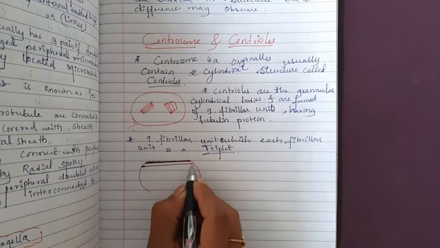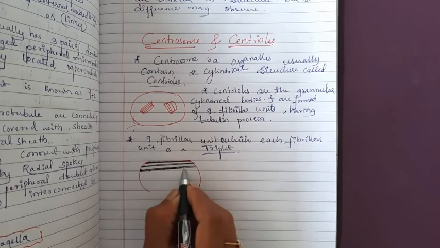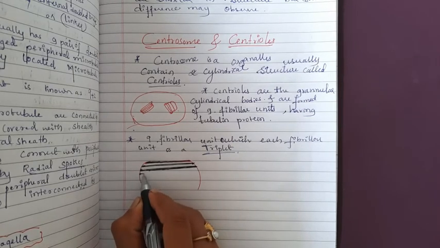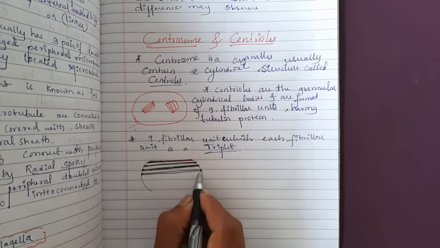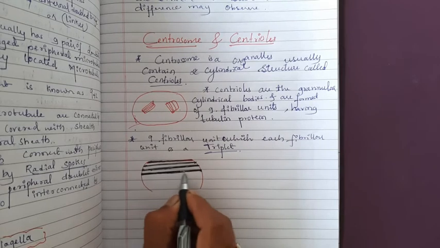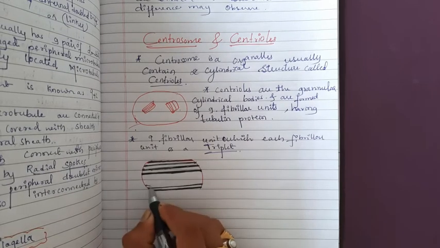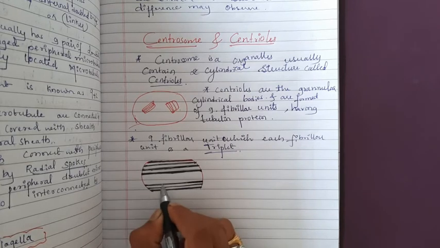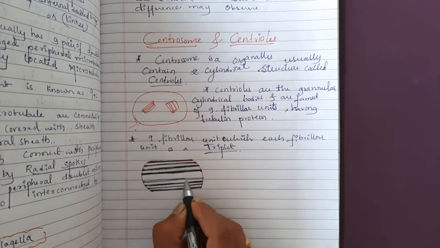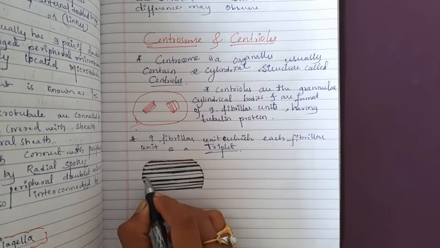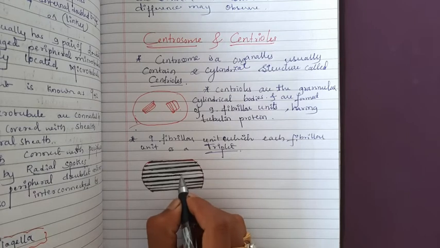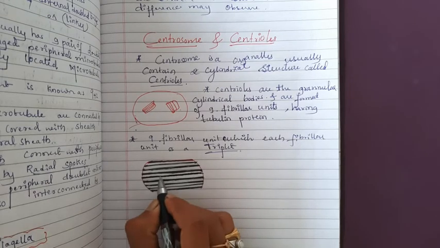One fibrillar unit, second fibrillar unit, third one, fourth one, fifth one, sixth one, 7, 8, 9, okay.